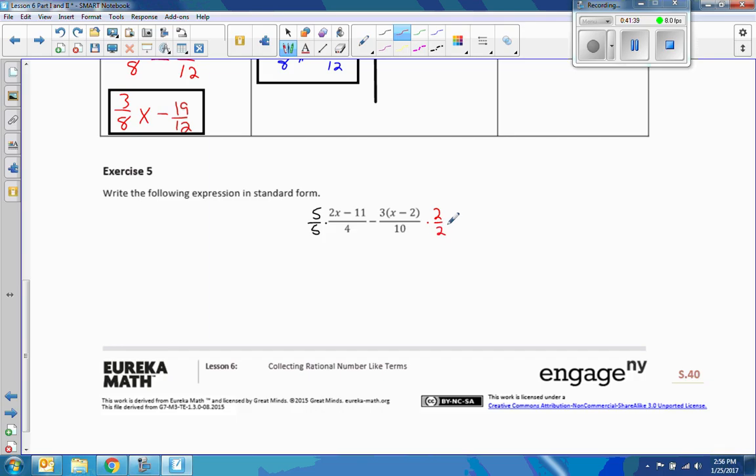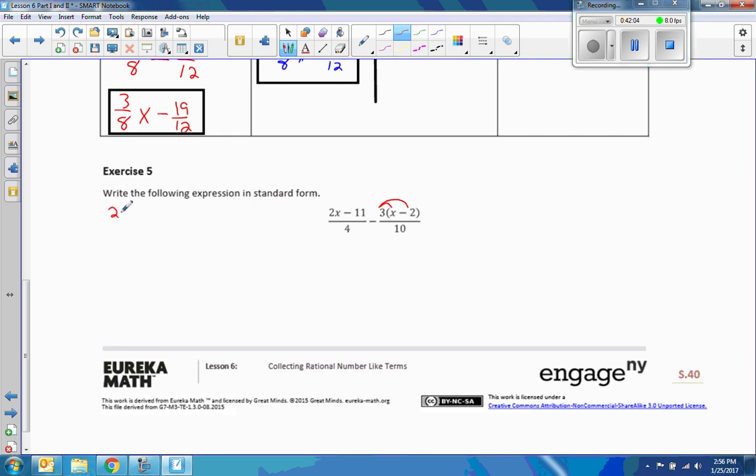That's what I want to do. But then I get thinking about this, and this might confuse people because we have a 3 times an x minus 2 times a 2. If we distribute first, it might be less confusing. So let's do that first. These are different things that go through your mind when you try to figure out how to do something. So I'm going to do the distribution first, and then I'll do what I was explaining.